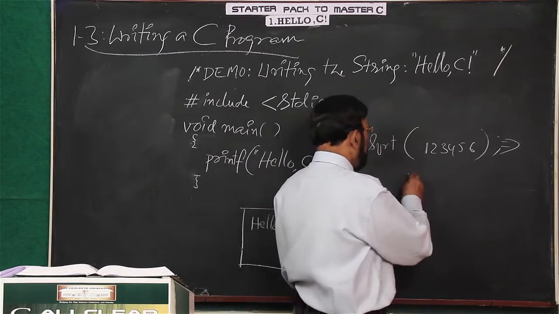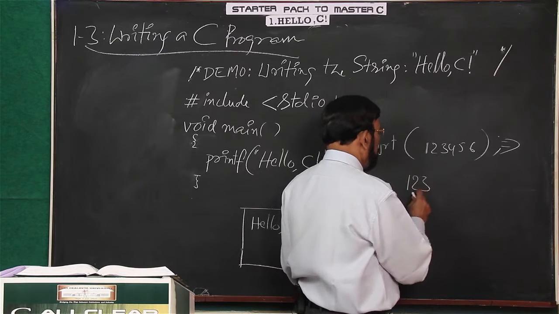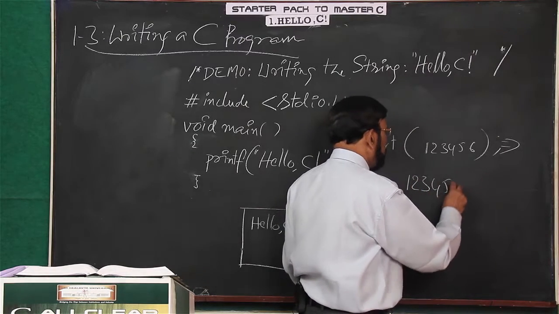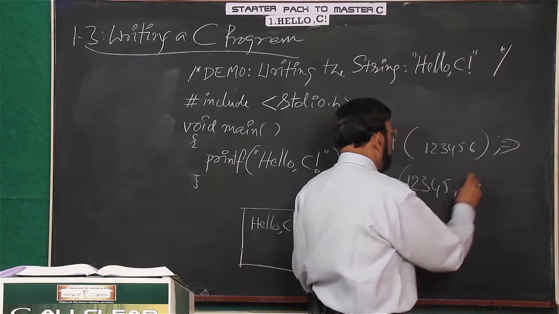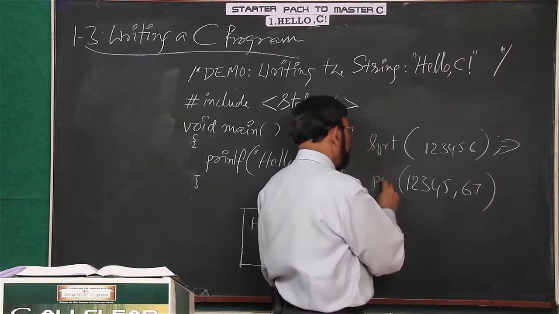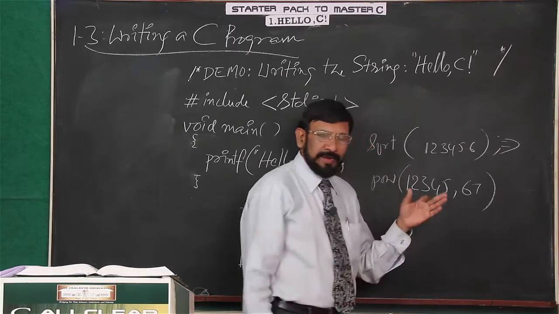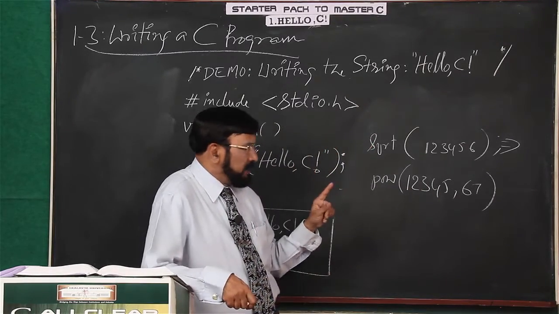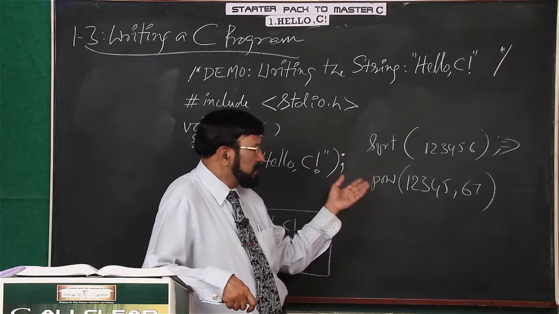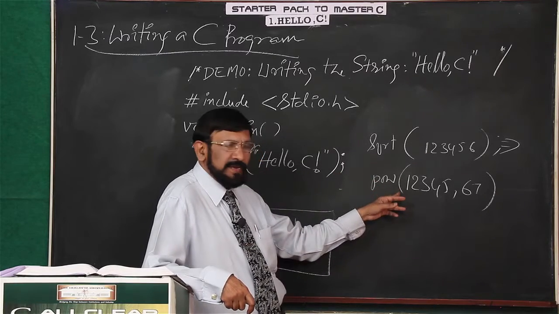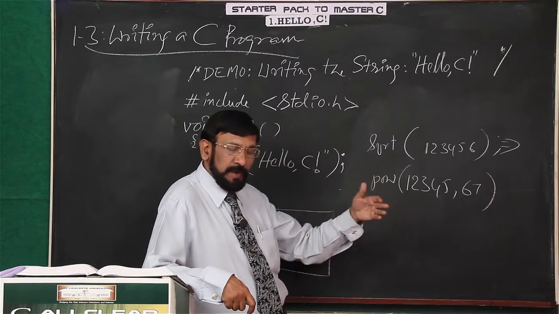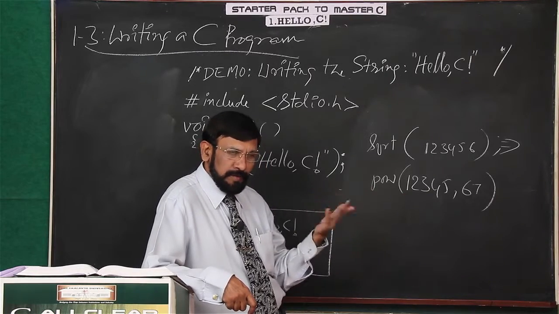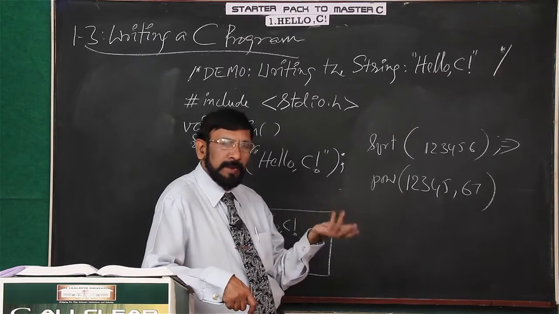Suppose you have to calculate 12,345 to the power of 67. Then the pow function is there. The names, as I already told you, are indicative of what it is doing. So this is a ready-made function. If you have to calculate power and make a lot of calculations, you may make a mistake.